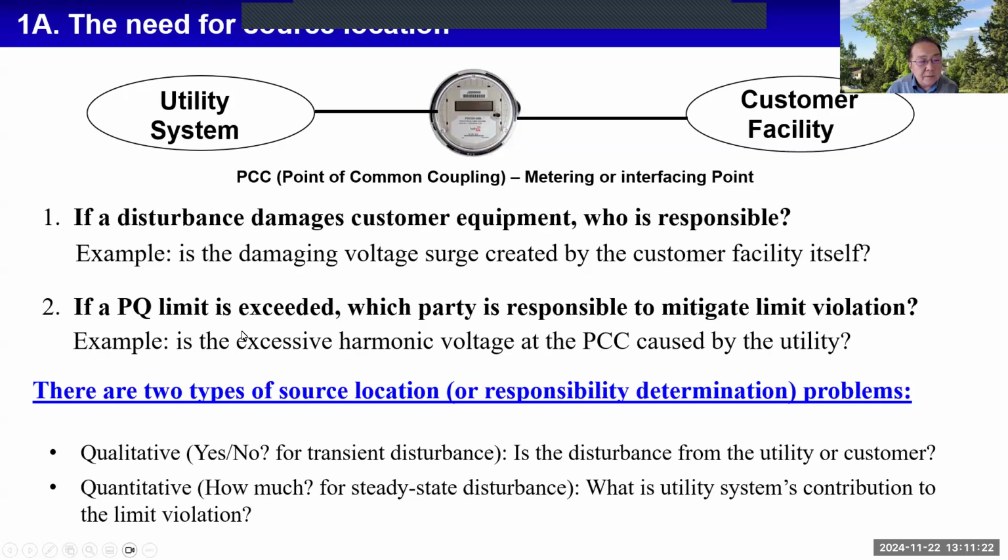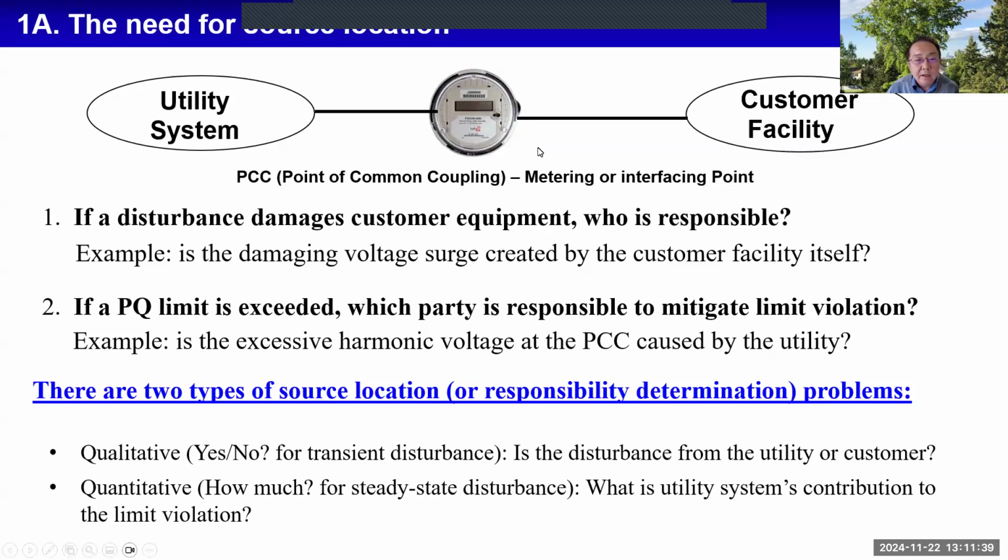Another is that if a power quality limit is exceeded, like a harmonic limit, say the limit is 5% and we measure 7%, then the utility goes to the customer and says, hey, you fix the problem.